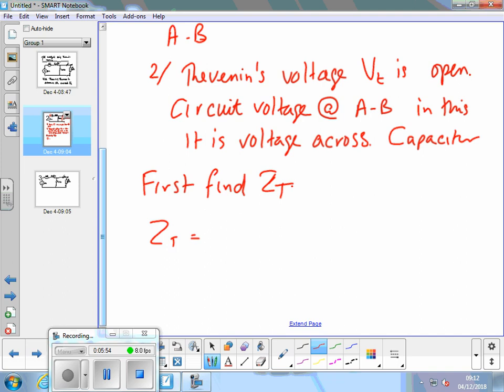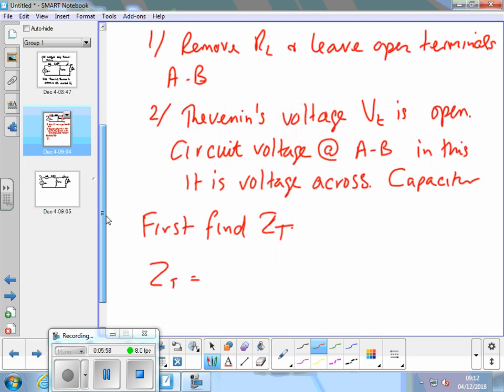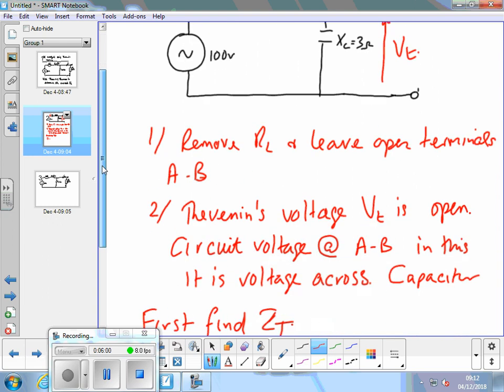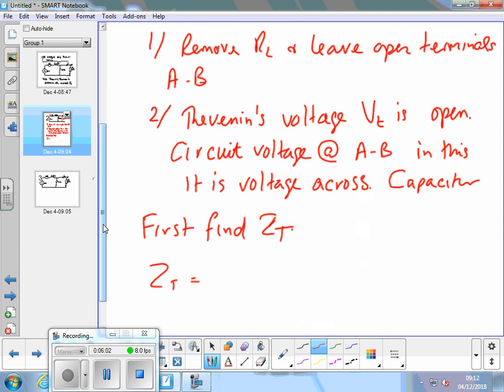What's the formula for ZT in this circuit? It's all in series. R1 plus, how did we do it so we can combine the two reactive components together in one go?